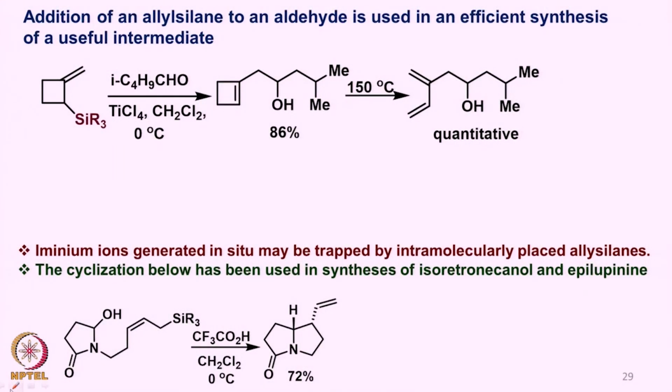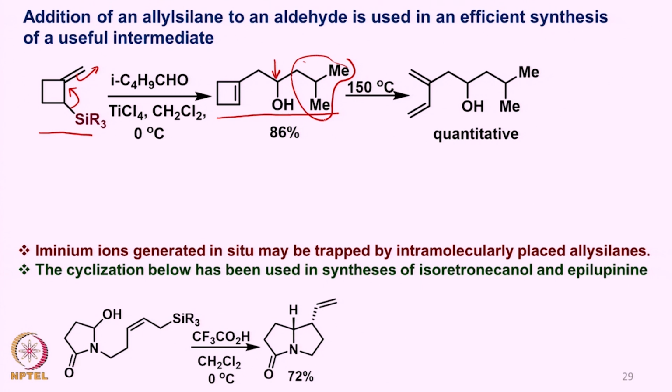Now we can also add allylsilane to an aldehyde in such an interesting fashion that if we take an aldehyde and react with an allylsilane which is made up of a cyclobutane ring, then of course we can see that the aldehyde reacts at this end, which is the gamma end, to form the product of this type, where this isobutyl group is basically this part here, and this is the aldehydic part, and therefore the reaction allows the formation of this homoallyl alcohol.